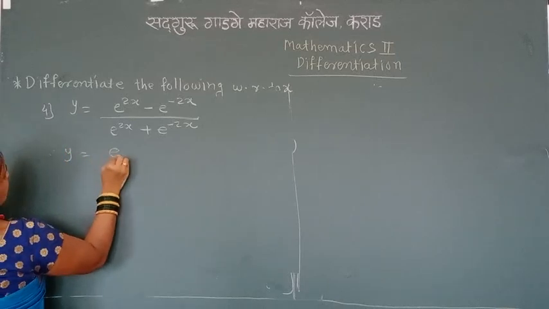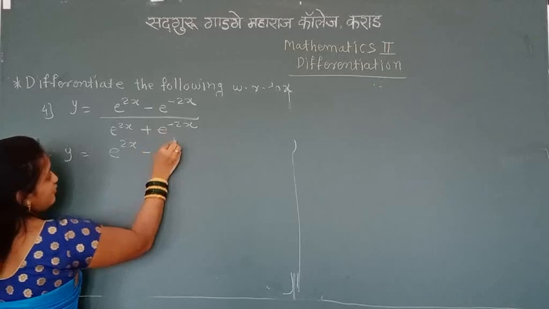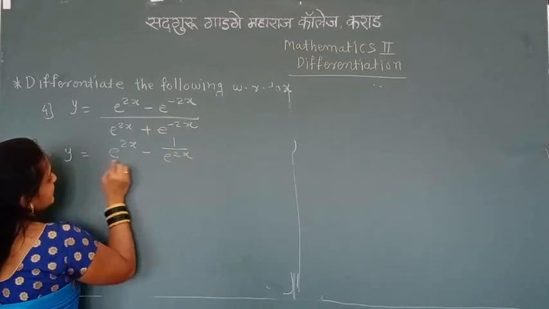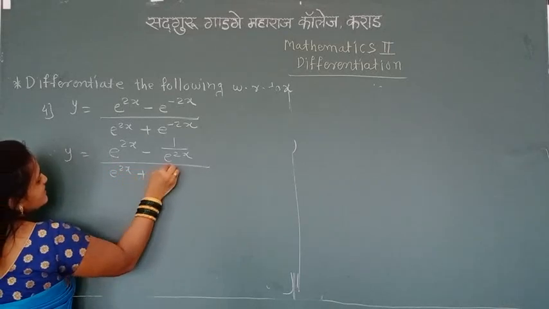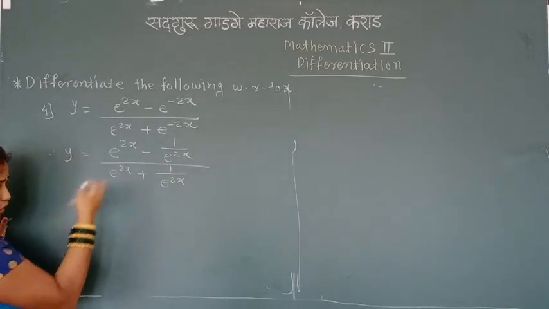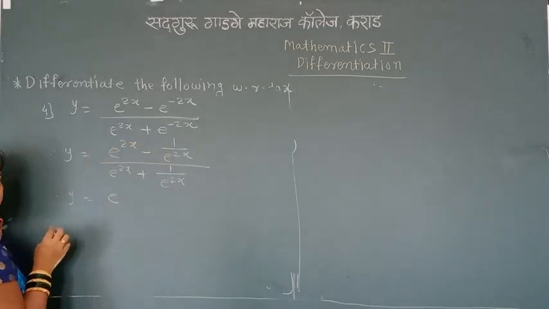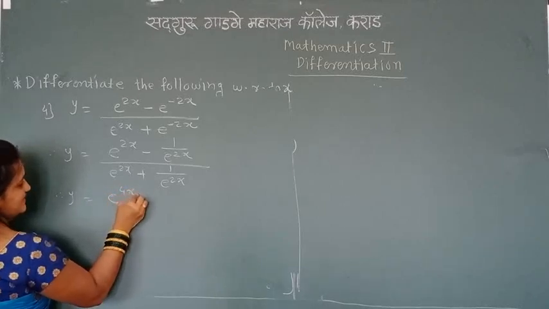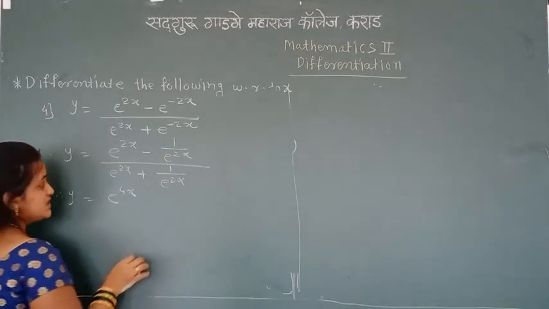y is equal to e raised to 2x; this e raised to minus 2x we can write as 1 upon e raised to 2x, divided by e raised to 2x as it is plus 1 upon e raised to 2x. Now the denominators are not the same, so cross multiplication. So y is equal to e raised to 2x multiplied by e raised to 2x, which is e raised to 4x, because the base is the same, addition of powers: 2x plus 2x is 4x.